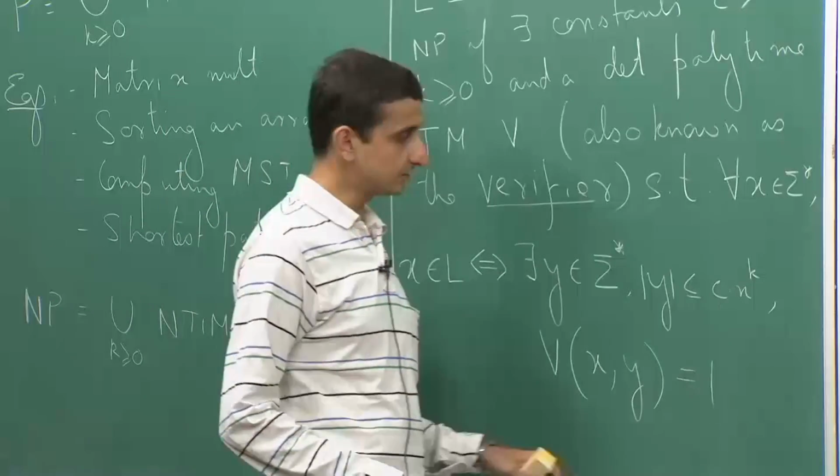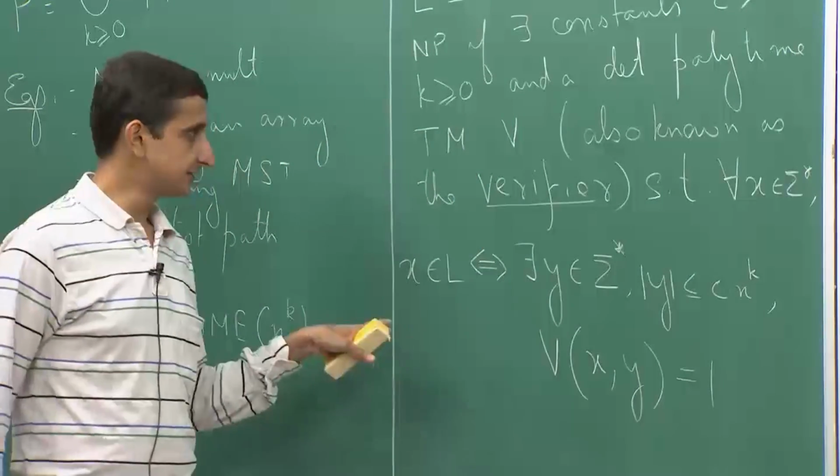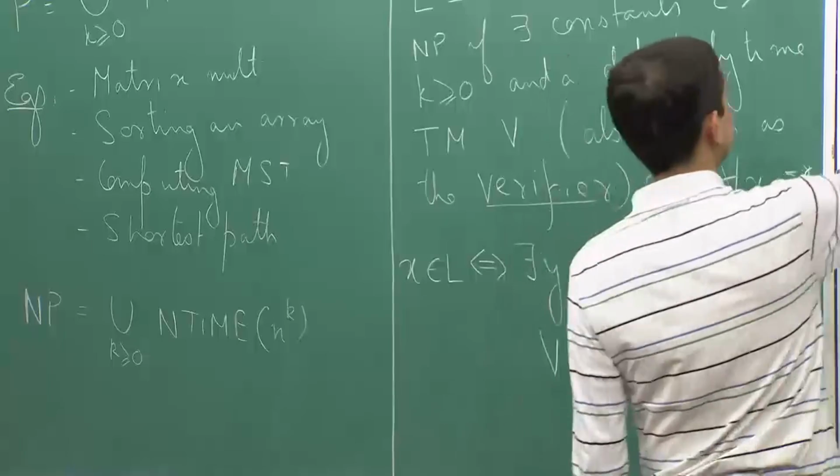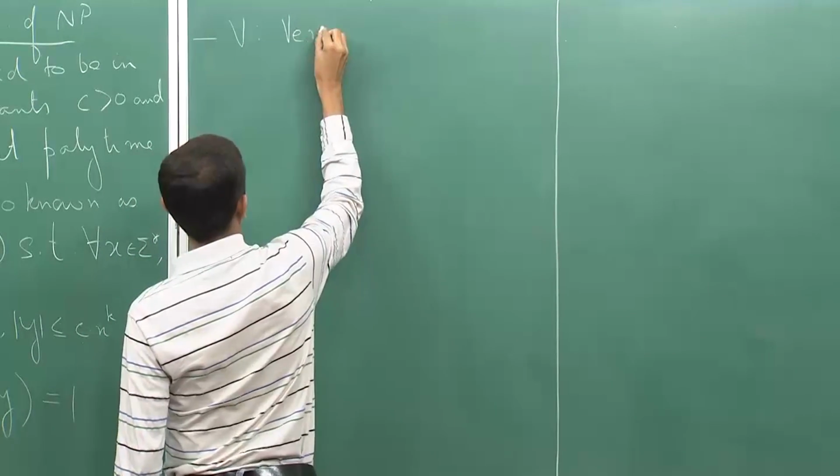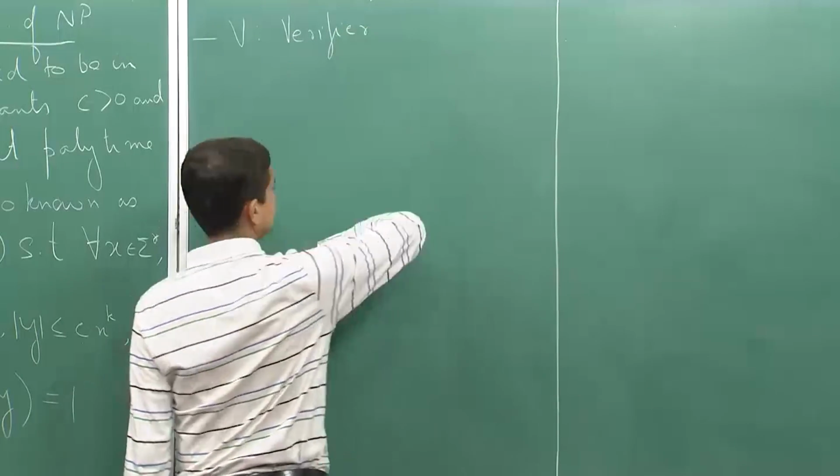Okay. So, let us try to understand this definition. So, in this definition, we have V which we call a verifier. Okay.